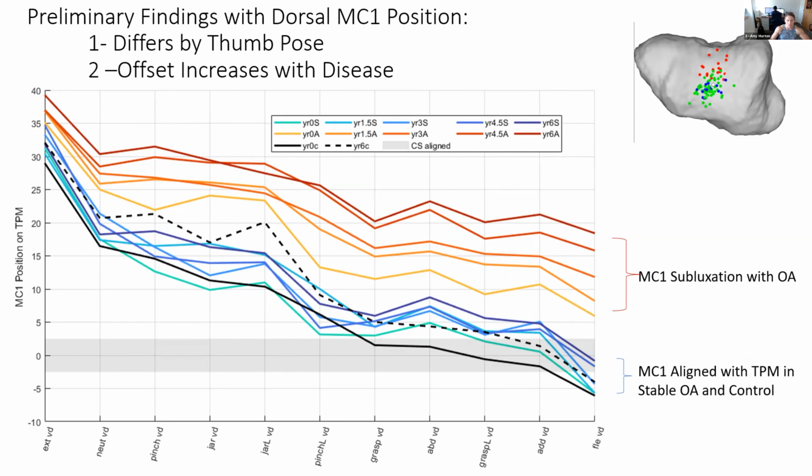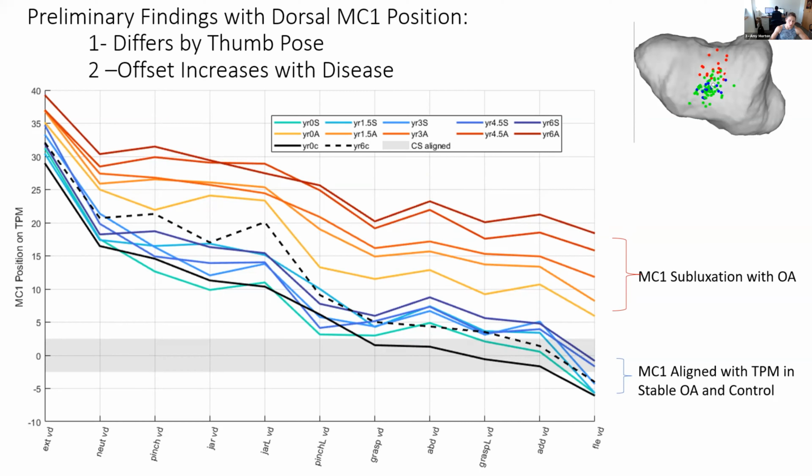We also see that the offset is increasing with disease. The yellow to increasingly red plots are the advancing category, and the teal and light blue are the stable. The control individuals at both baseline and follow-up time point 6 are annotated in black and black dashed lines, respectively.